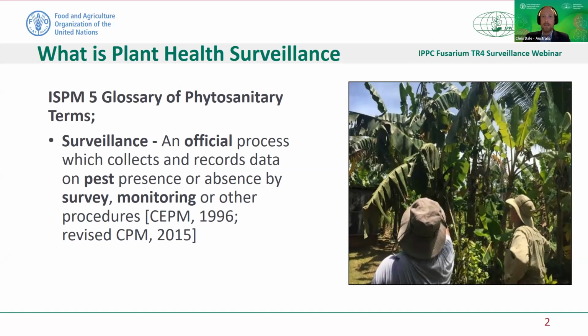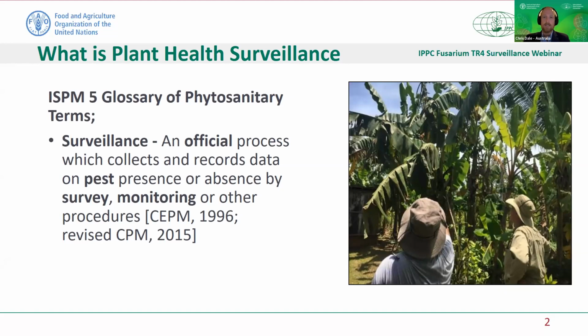Importantly, there are a lot of different interpretations and considerations around plant health surveillance, but when we refer to plant health surveillance and any other term used in the international IPPC context, we need to refer to ISPM 5, which is the glossary of phytosanitary terms.